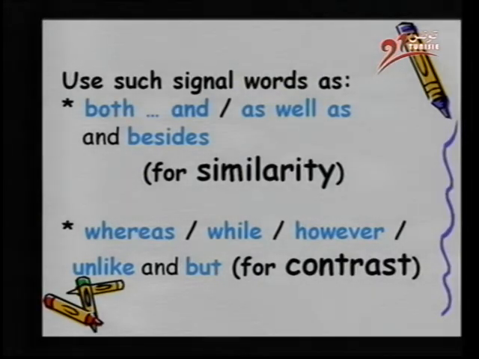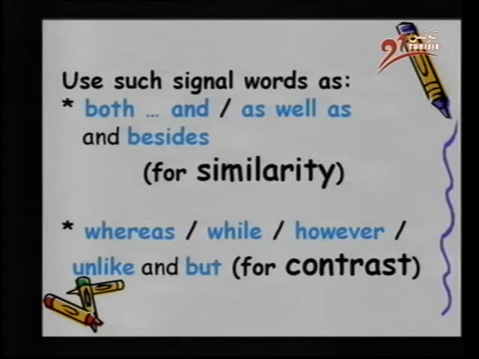Of course, we can use both and, as well as, and besides. They are used for similarity, of course. What about some connectives or linkers that we can use for contrast? You can use whereas or while, which are synonymous. They are synonyms. You can use however, unlike, and but. These are some examples of signal words that are often used for contrast.